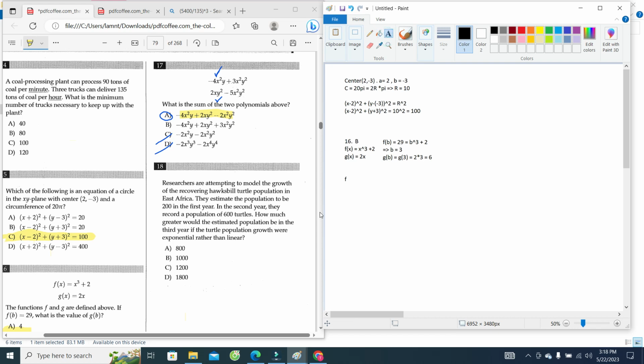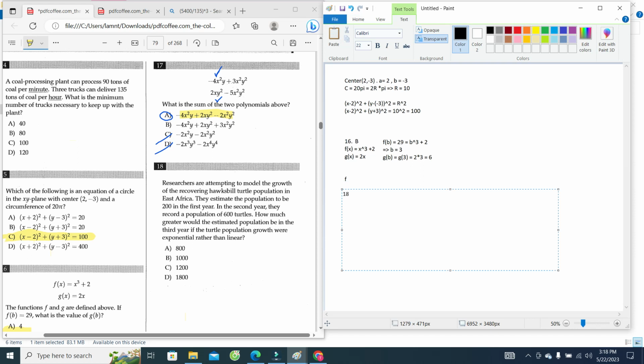Let's think about these two models, which are the linear growth and the exponential growth. So if this was the linear growth, it's going to be y equals ax plus b, right? So this is linear growth. In here we have x equal to 1 because it's the first year.